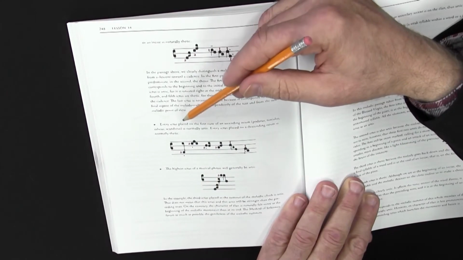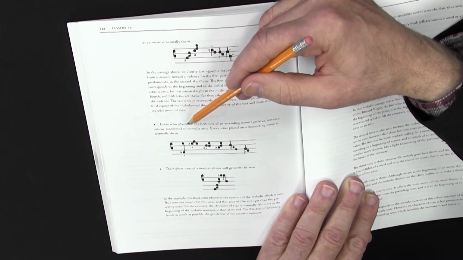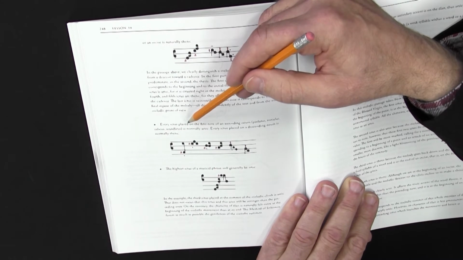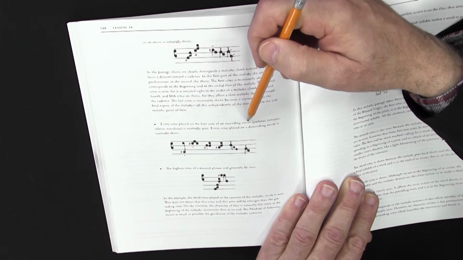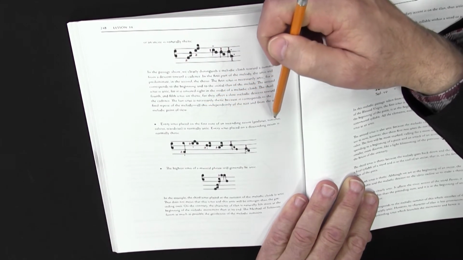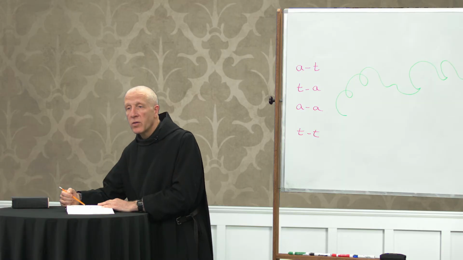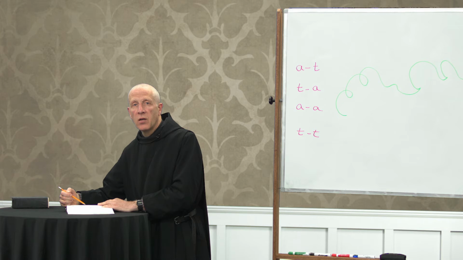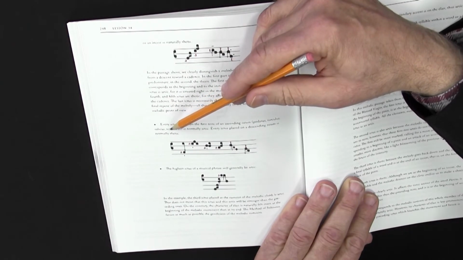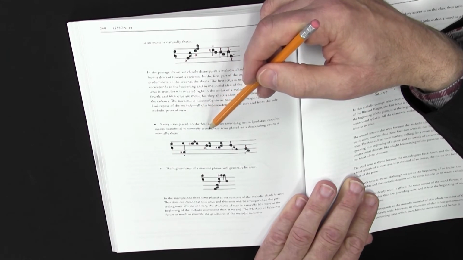Going on, the next principle enunciated, that every ictus placed on the first note of an ascending neum, for example, a podatus, a torculus, remember a torculus is reckoned as an ascending neum because it begins going up, and a salicus, scandicus, is normally arsic.